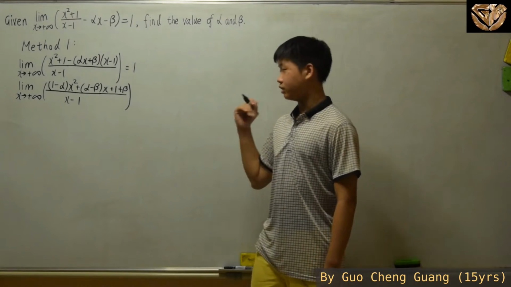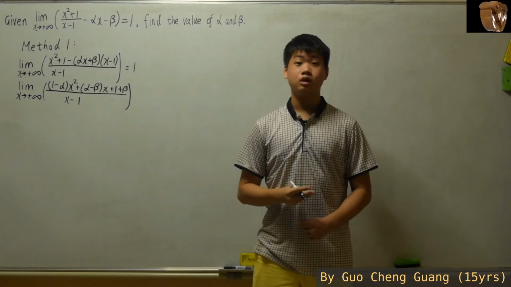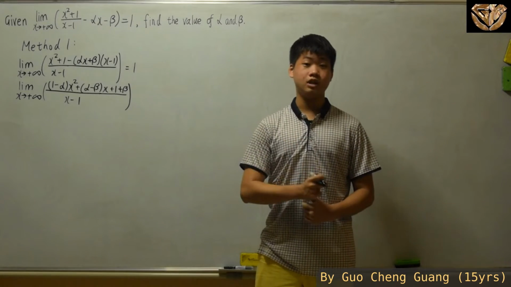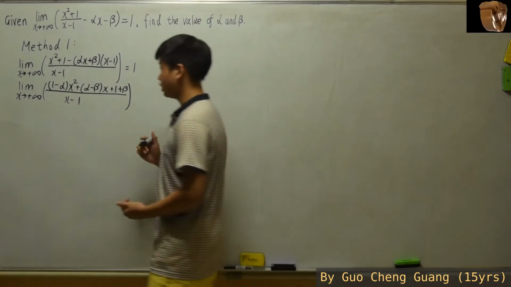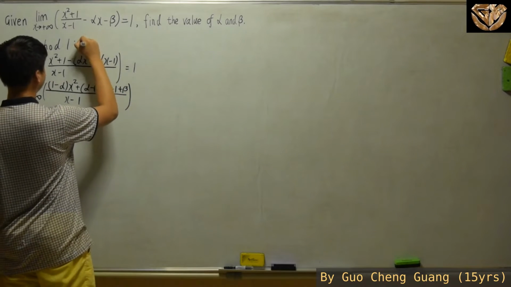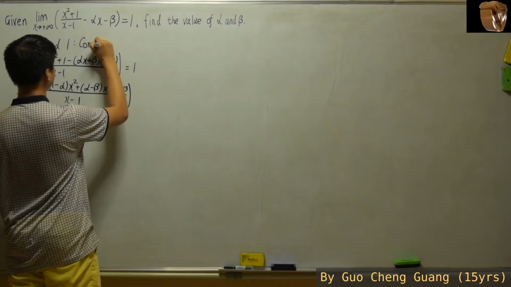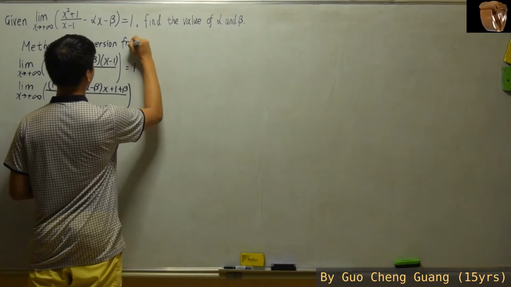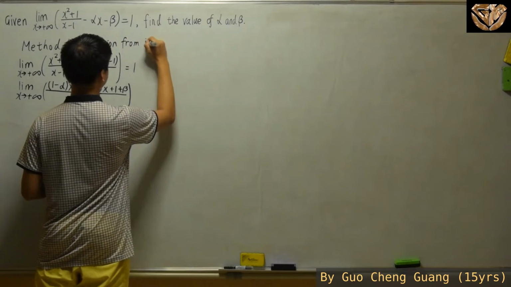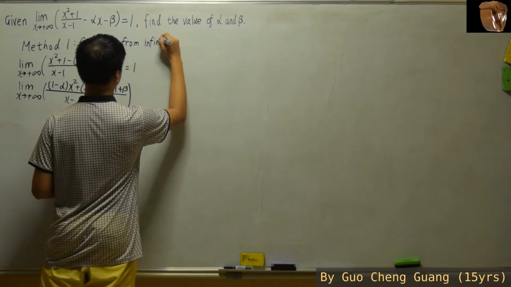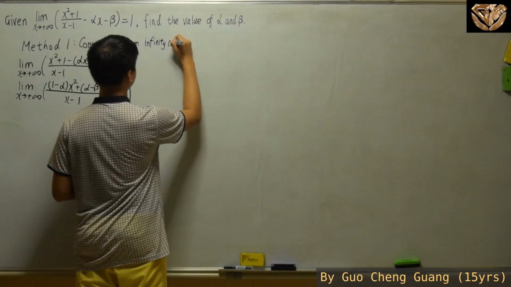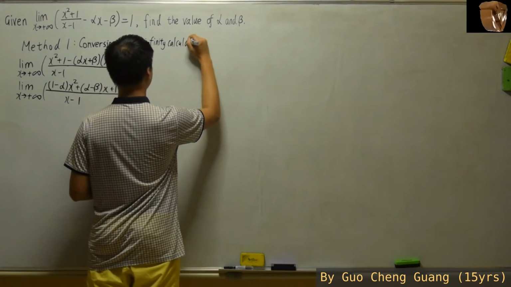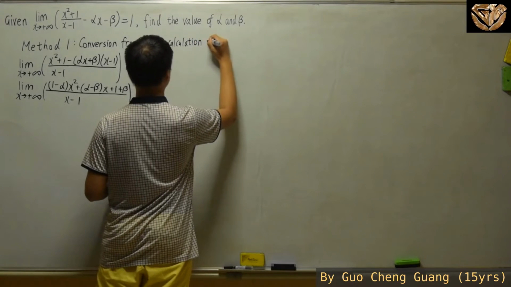Now in this method, what we're going to actually use is the conversion from infinity calculation to infinitesimal calculation. So let me just write that down. So think about it, conversion from infinity calculation to infinitesimal calculation. What do you think will be our next step?